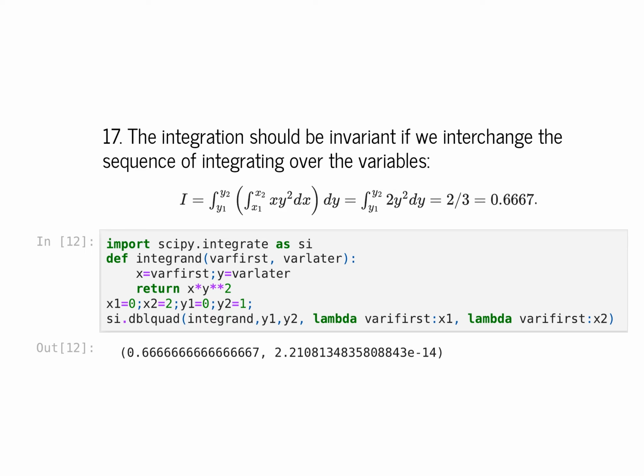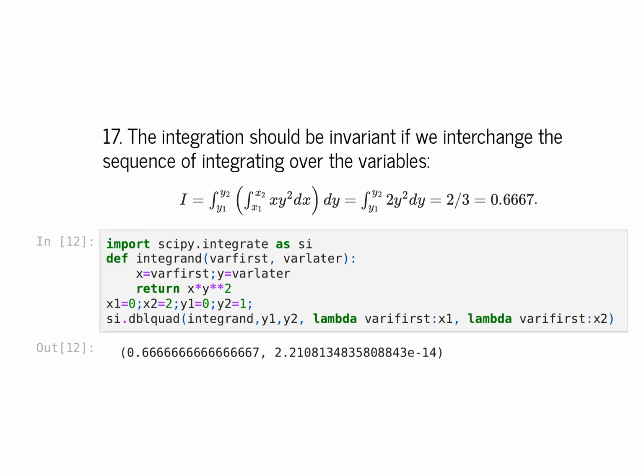To implement this reversed order in SciPy, we slightly modify our approach. We define the integrand function such that var_first now represents x, the new inner integration variable, and var_later represents y, the new outer integration variable. The function body becomes x equals var_first, y equals var_later, return x * y**2.